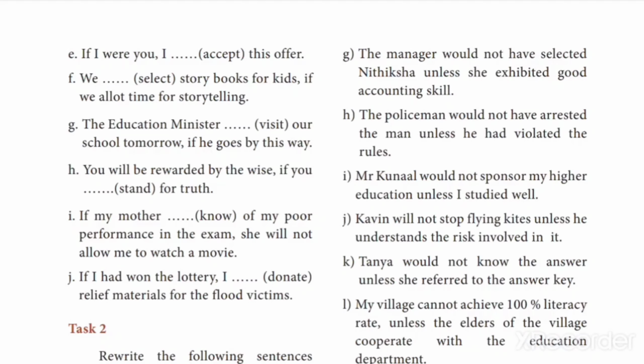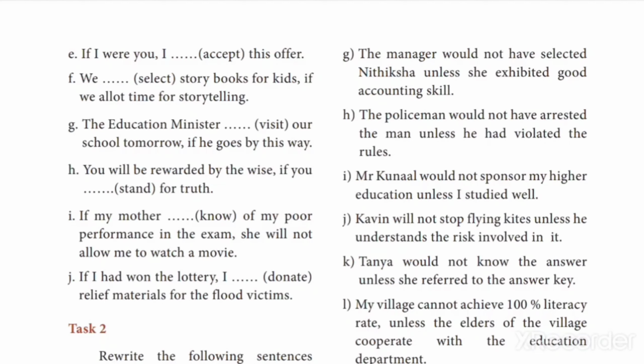In both the cases, after unless, the verb is in past simple. But when we rewrite the sentences using if, in sentence G, we have to go for the combination had not exhibited because the main clause of that sentence is would not have selected. So that proves that it is in the third conditional.